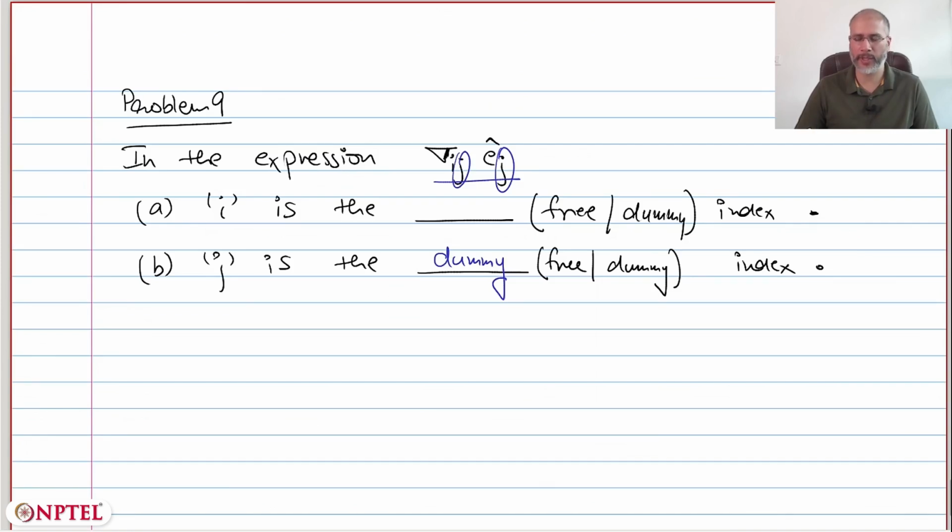Now I keep saying expression and mathematical term because we only have one term, but if we had multiple terms in the expression, then we'll have to deal with each and every term separately. So in this case, since we only have one mathematical term in the whole expression, we don't need to specify the term separately, but we can see that i is a free index in this case because it appears only once.